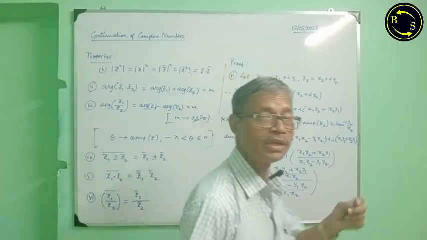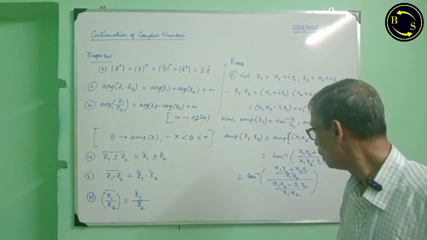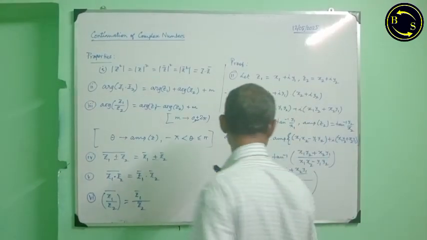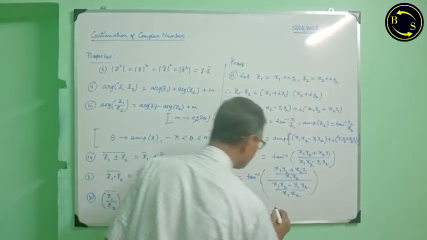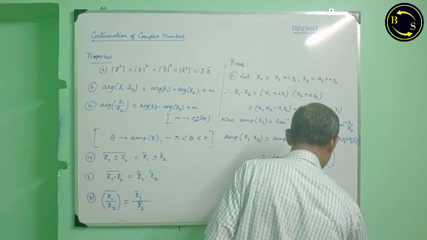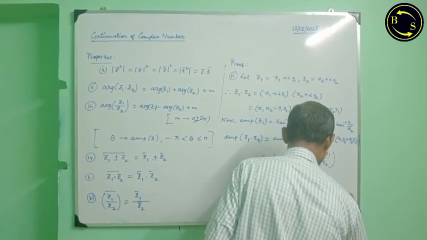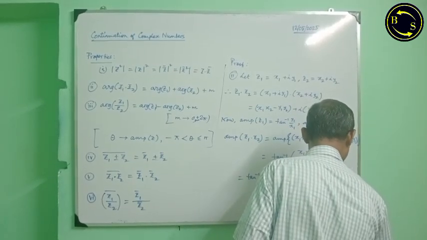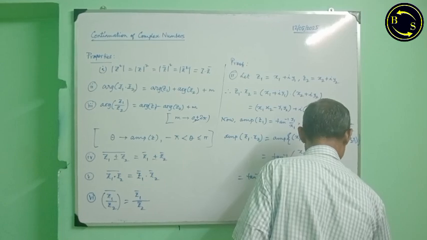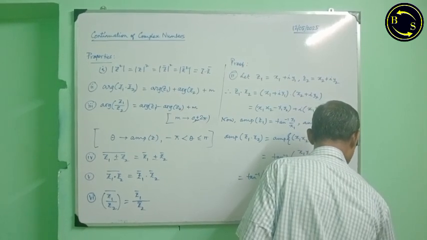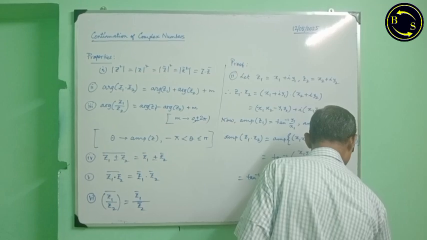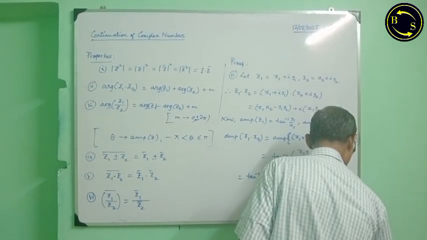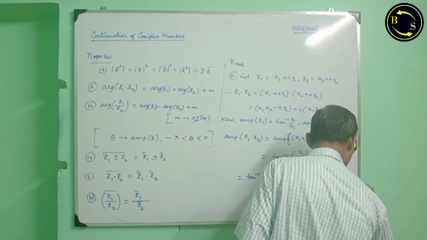Actually, the formula related to inverse is not included in the class 11 syllabus. That is equal to tan inverse of y2 by x2 plus y1 by x1 divided by 1 minus y1 by x1 into y2 by x2.